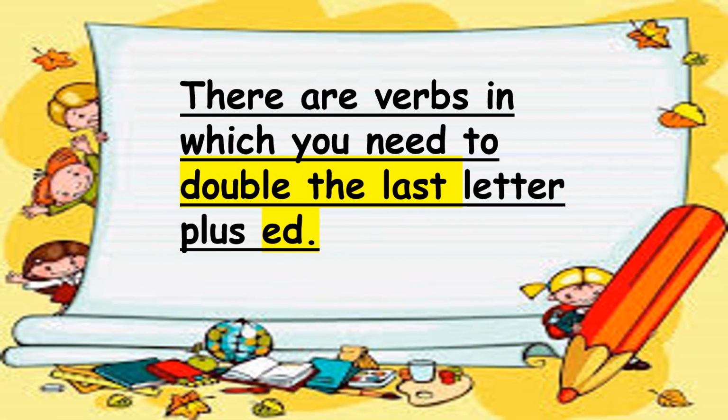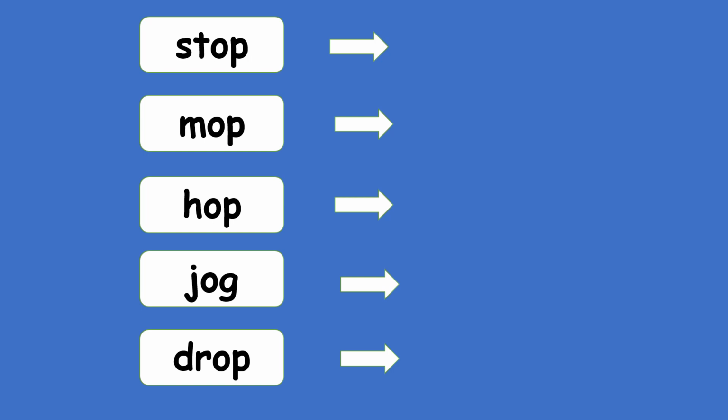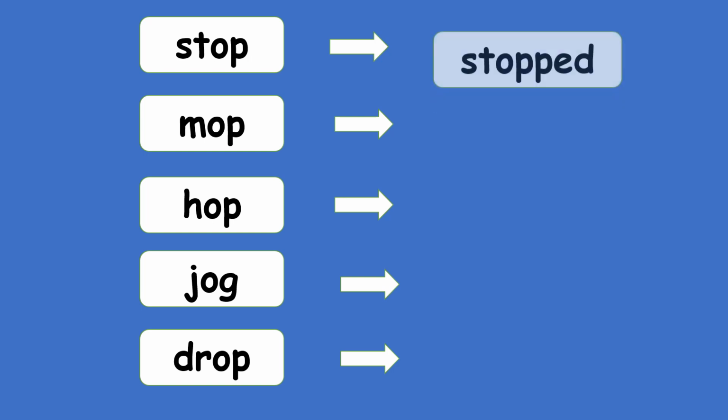Lastly, there are verbs in which you need to double the last letter of the verb plus the letters E and D. Like stop, mop, hop, jog, and drop. The past tense of the verb stop is stopped.